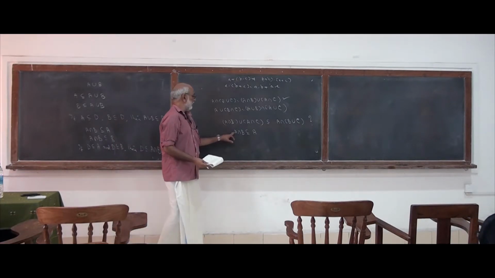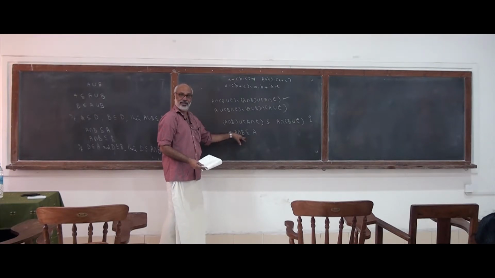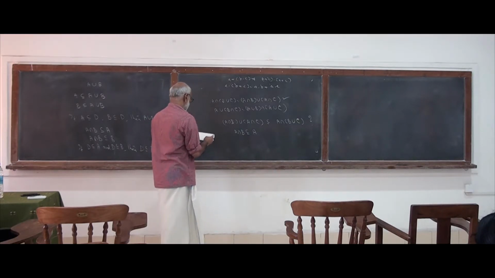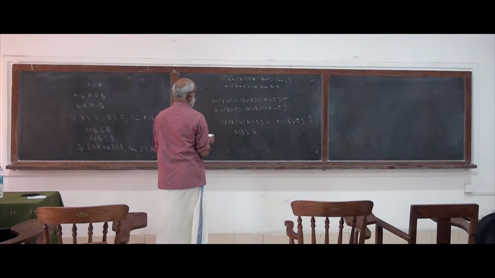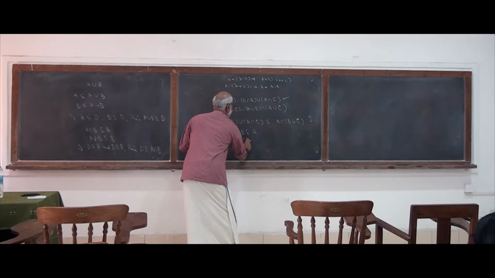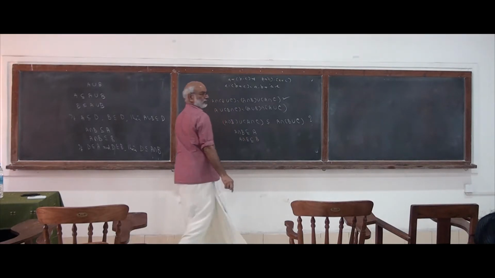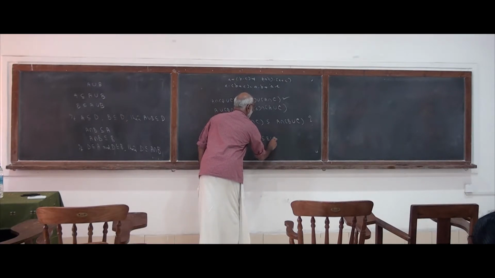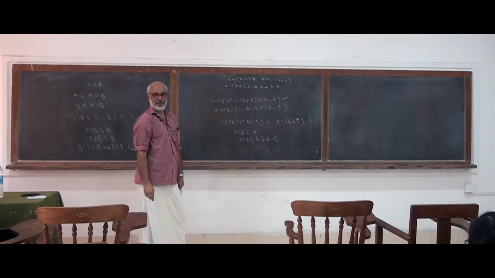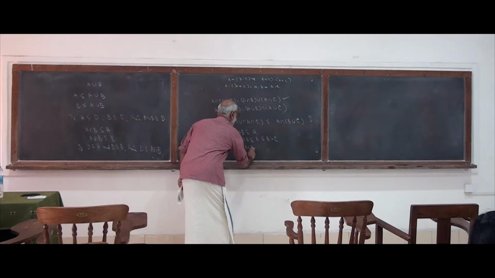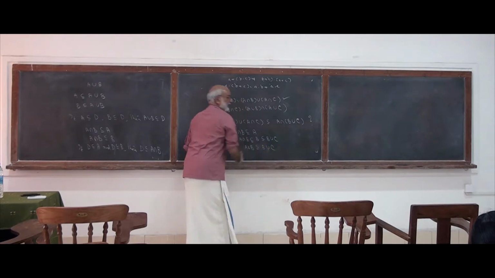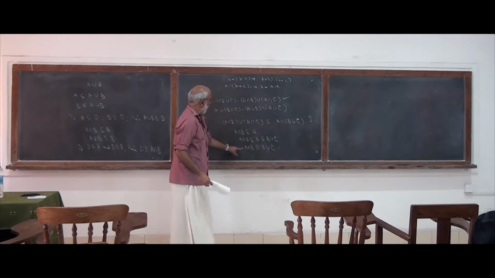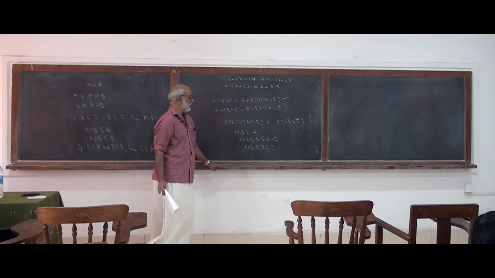Because if an element is in A intersection B, that is in A and B, surely that is in A. So, A intersection B is a subset of A. And A intersection B is a subset of B. And B is a subset of B union C. And therefore, A intersection B is also a subset of B union C. Now, we have that A intersection B is contained in A and A intersection B is also contained in B union C.